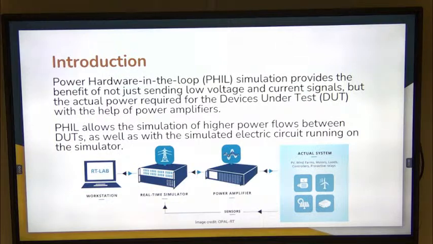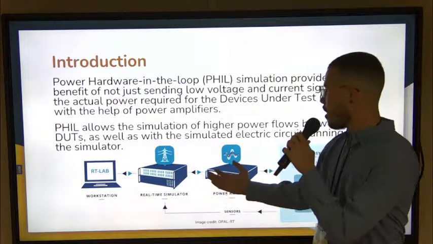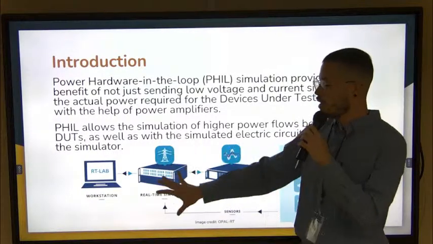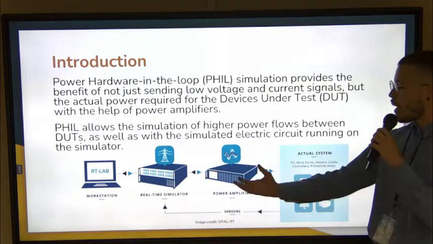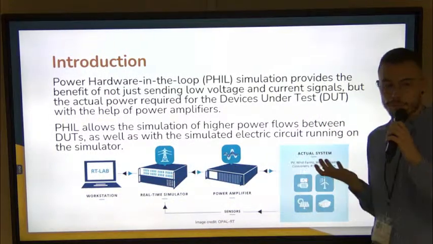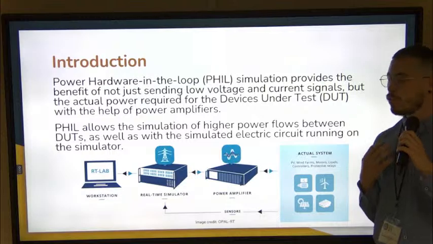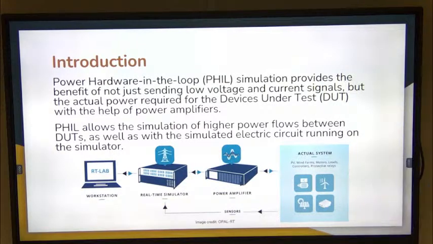Power hardware in the loop provides the benefit of not just sending low-voltage signals, but actually sending the actual power to the devices under test, which are inverters, which were mentioned here before. All of these are connected to a real-time simulator that has a power amplifier, and this permits the amplification of the signal that we want to address.